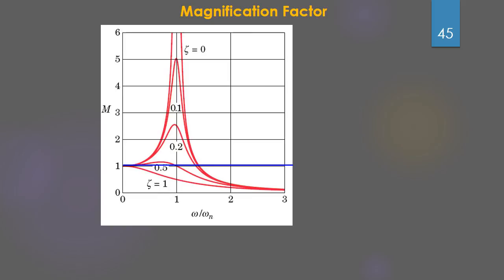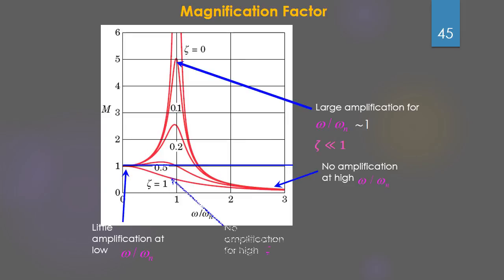If we plot the magnification factor with the frequency ratio, we can see that they all start at 1 magnification factor, and here we have little amplification at low frequency ratio. But at a frequency ratio of 1, we can see that we have large amplification.